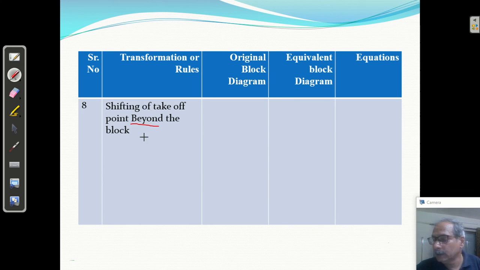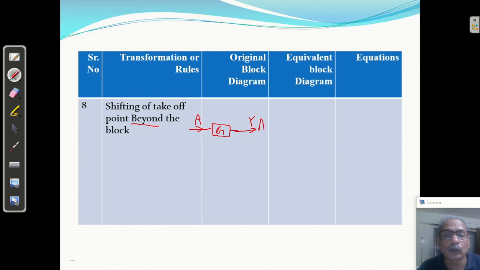So please see here, suppose this is the block, G is there, and here it is A. What is the output Y equal to?